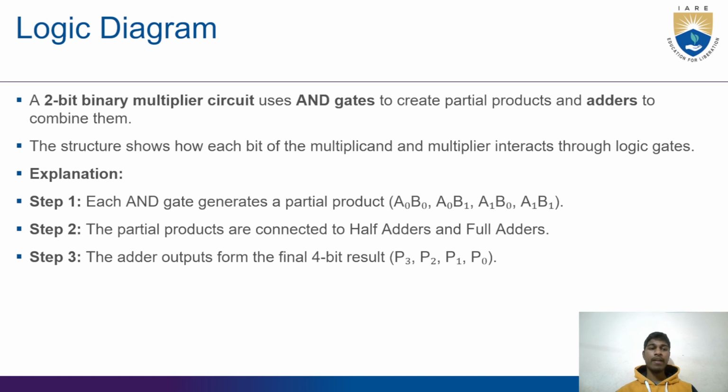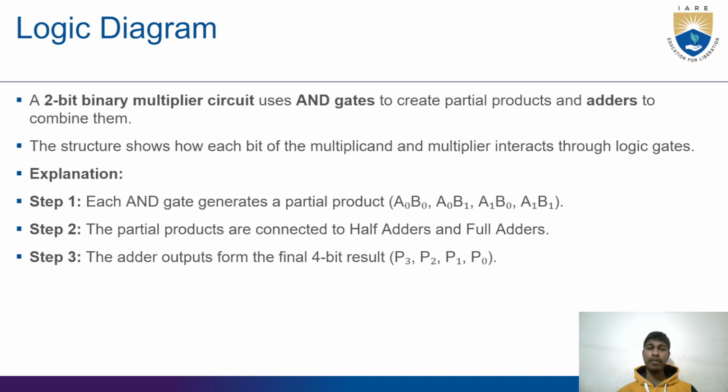Logic diagram. A 2-bit binary multiplier circuit uses AND gates to create partial products and adders to combine them. The structure shows how each bit of the multiplicand and multiplier interacts through logic gates.